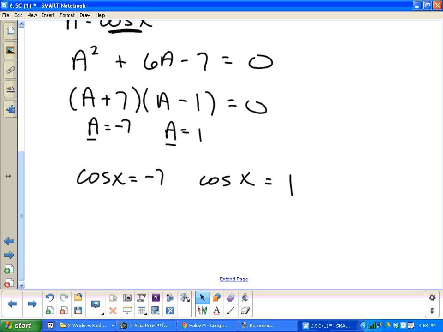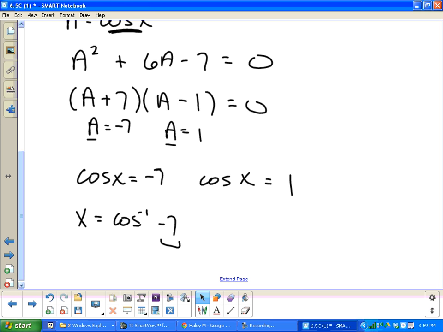Now in this case, when we get cosine x equals -7, well, -7 is not exactly on my unit circle. So what I could do there is just punch in, well, what's the inverse cosine of -7? Now what you're going to find, if you recall, is that the domain for inverse cosine has to be between -1 and 1.